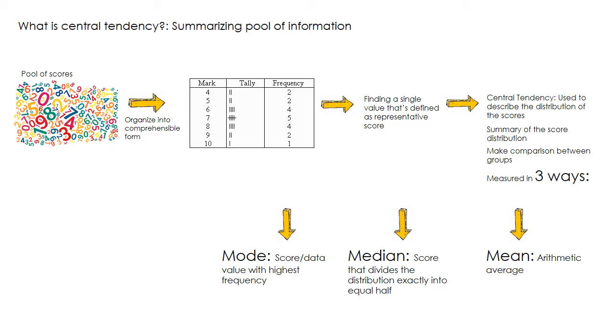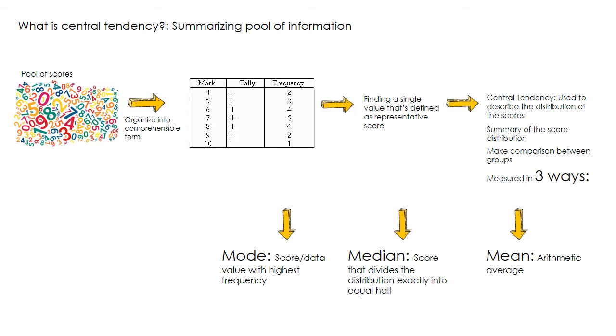What we are moving on to in this video is how you can summarize the information that we have organized previously. Once we organize, we would like to get a single value that can represent the entire pool of information. Sounds very easy, right? Yes, it is very easy, and this is doable through central tendency.